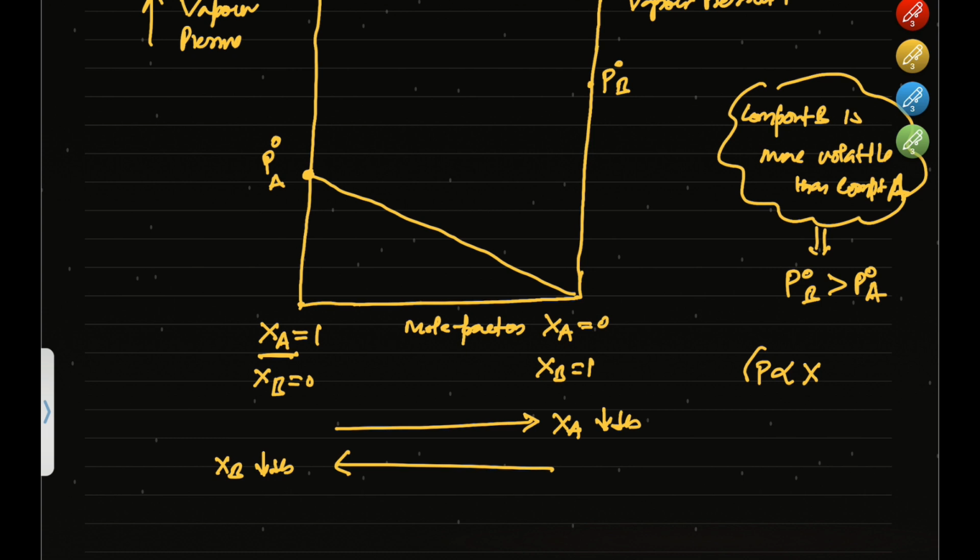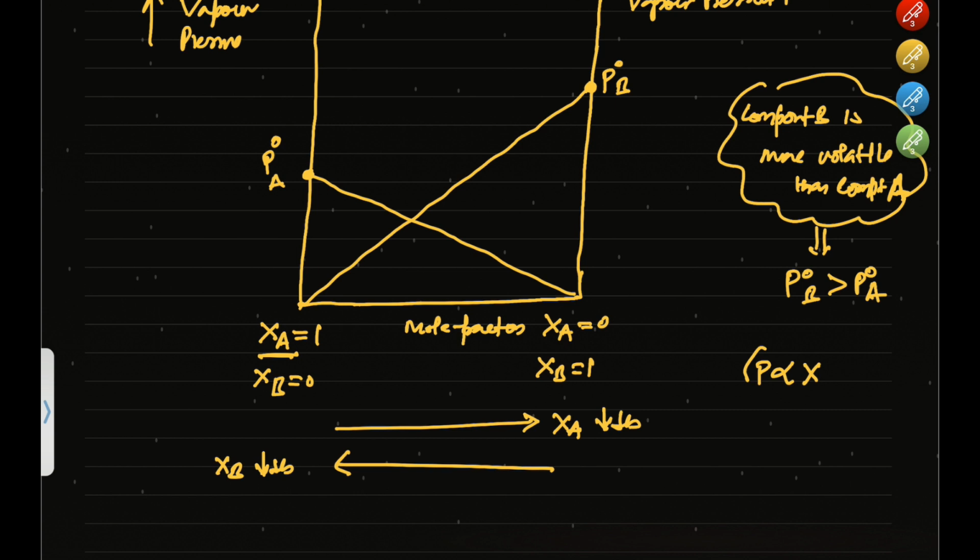Here the vapor pressure of component B is highest. As we move from right to left, the mole fraction of component B decreases, meaning the vapor pressure of component B decreases like this and becomes 0.